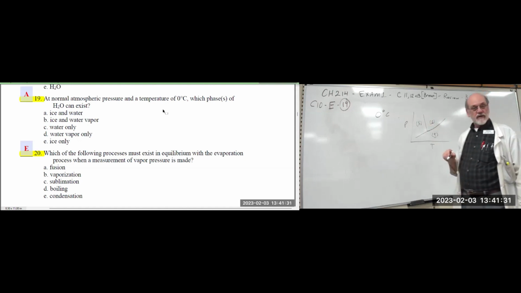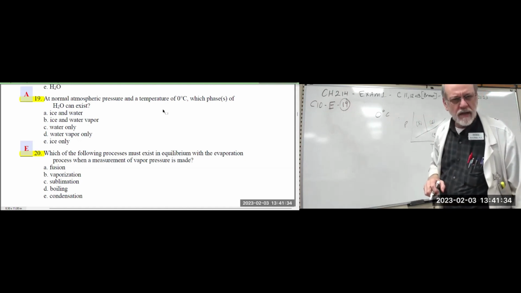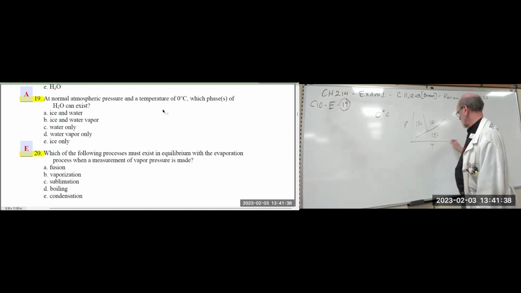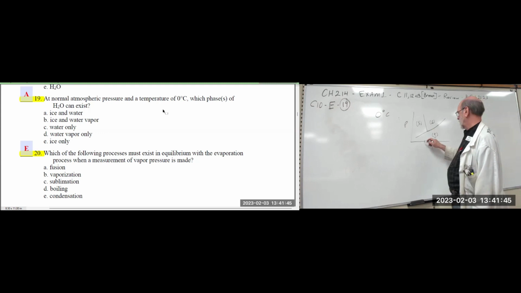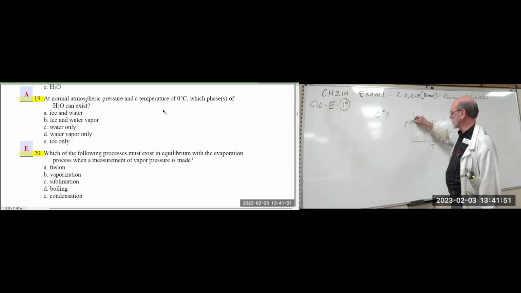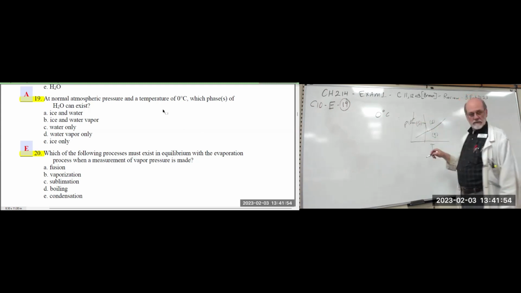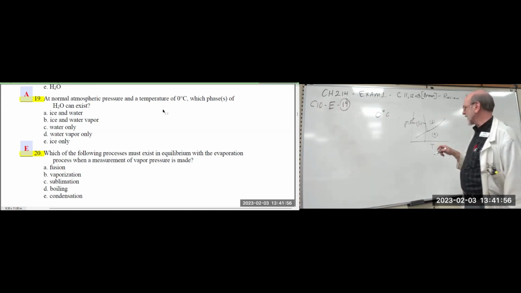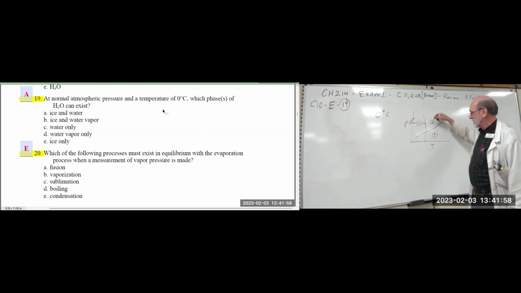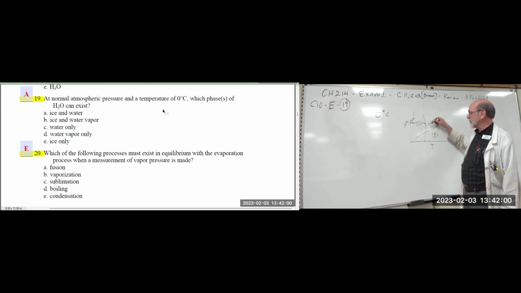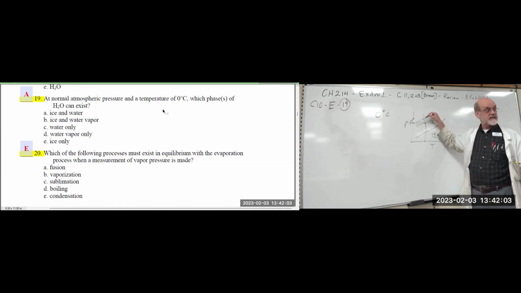Okay, so at a temperature of 0 degrees and 1 atmosphere pressure, it'd have to be here. This would have to be 1 atmosphere. So what can exist there? Well, if you're right on the line, that means solid and liquid can exist together.